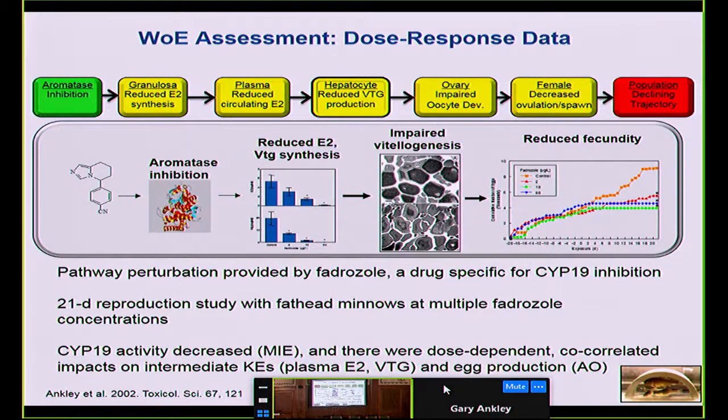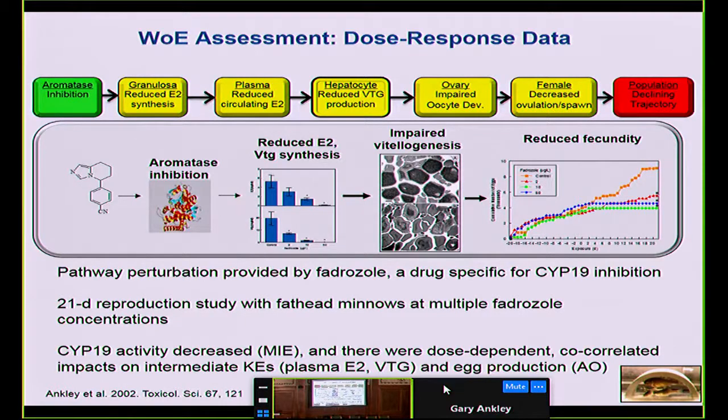If you focus on the box that's just to the right of aromatase inhibition there, you see a significant dose-dependent decrease in plasma estradiol in the fish. This is accompanied by the lower box there, a significant decrease in circulating levels of plasma vitellogenin. So these key events 3 and 4 line up very nicely.